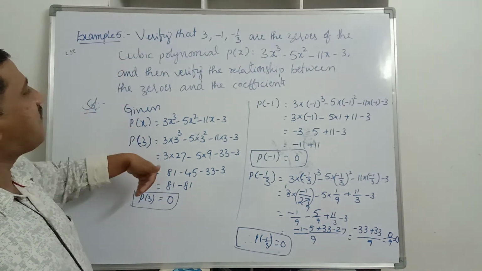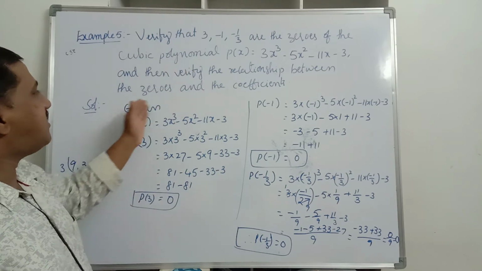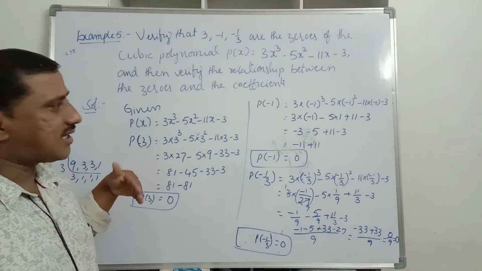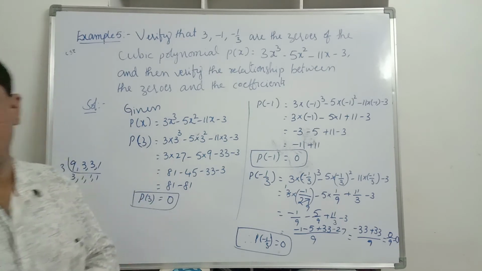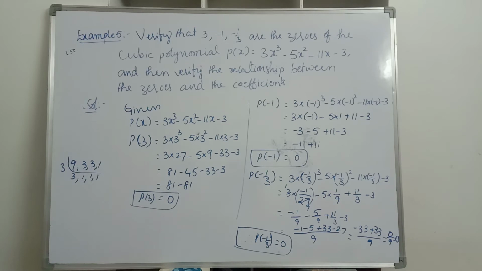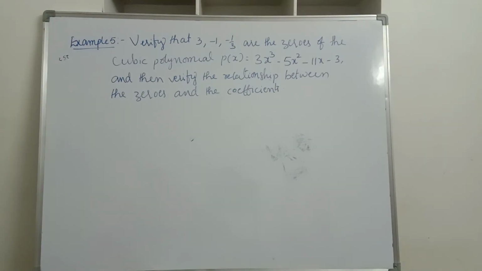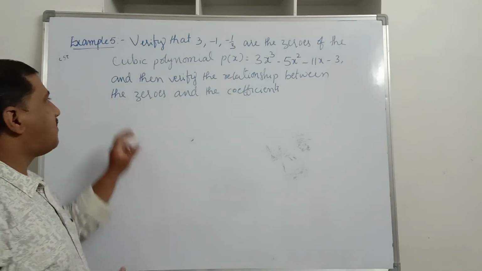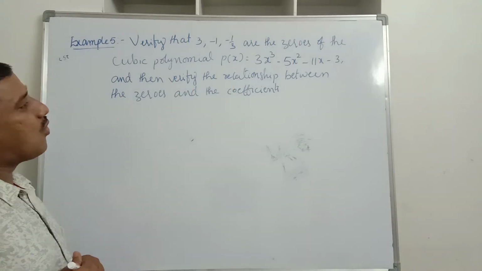Next we have to verify the relationship between zeros and the coefficients using what we have discussed previously. Now the second part of the sum, that is, verify the relationship between the zeros and the coefficients.